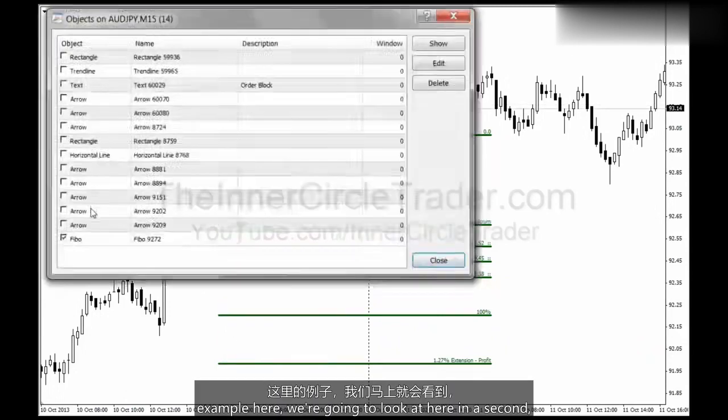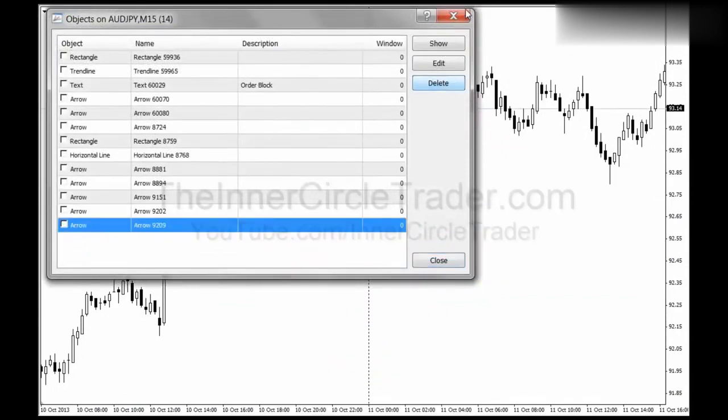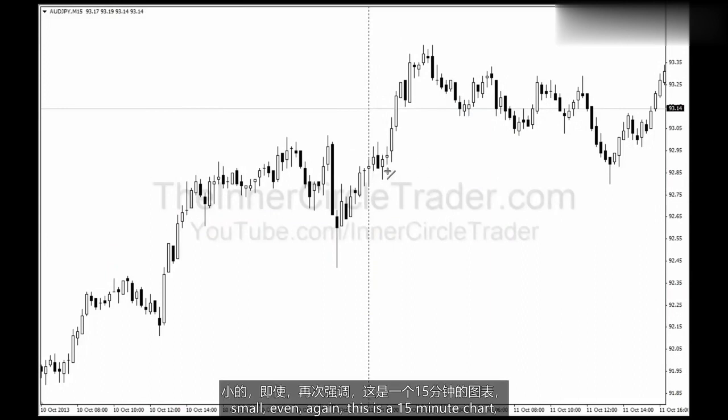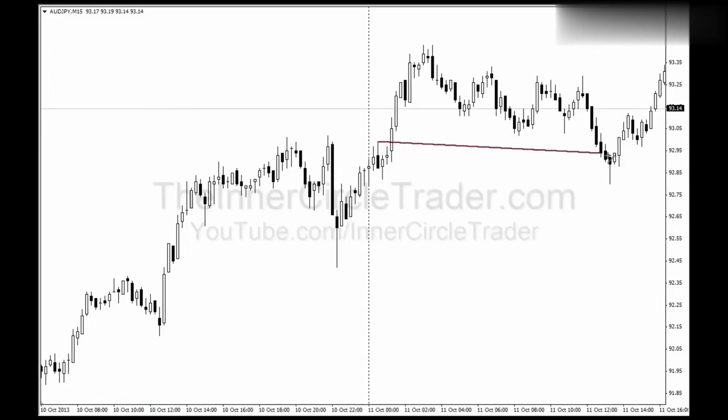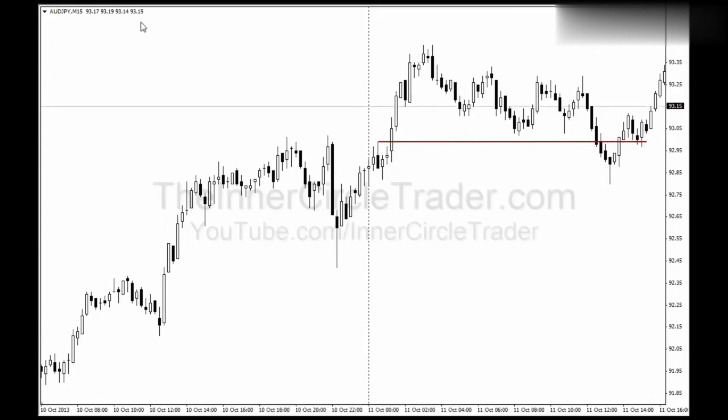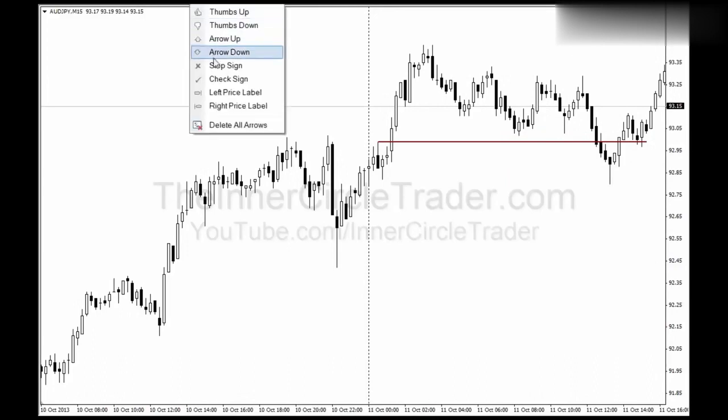Even this example here, we're going to look at here in a second. Get this stuff off the chart. We have another small one. Again, this is a 15-minute chart, but if you go down to a 5-minute chart, you'll see this is another order block. So as price moves down into that level here, let's use our fib.